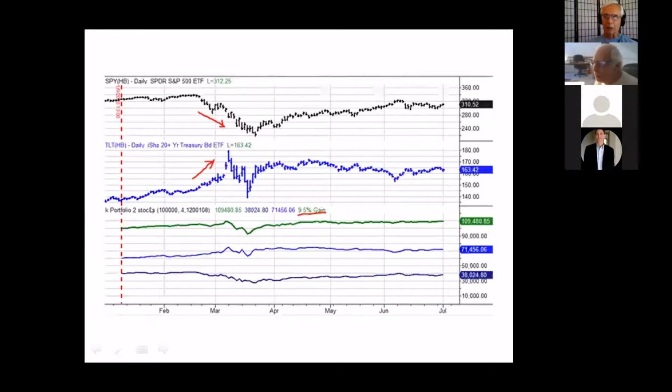What you end up with is the portfolio at the bottom, and from January 1st of this year to now, you're up about 9.5%. The dip here was pretty dramatic, about a 30% drawdown, and what you end up with here is a much smaller drawdown because you're offsetting with TLT. So that's one approach, just two stocks.